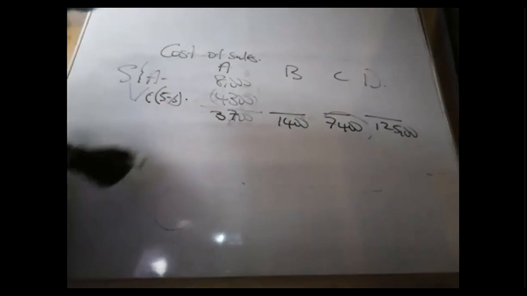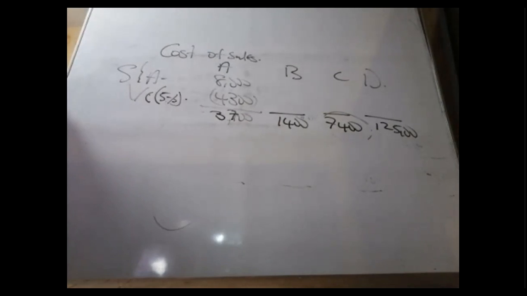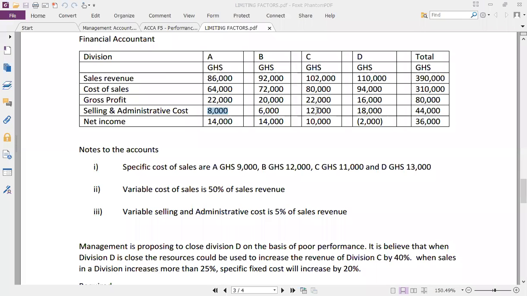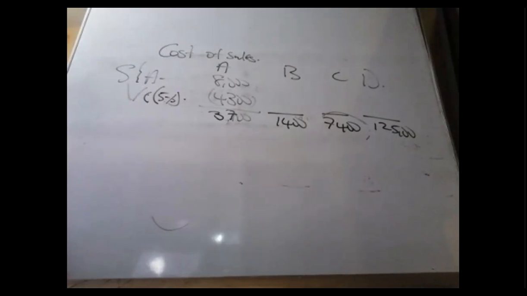So 7,400 for C. 6,900. Okay, let's confirm. See what the selling and admin is. See 12,000, right? Okay, so let's put 12,000 in there.